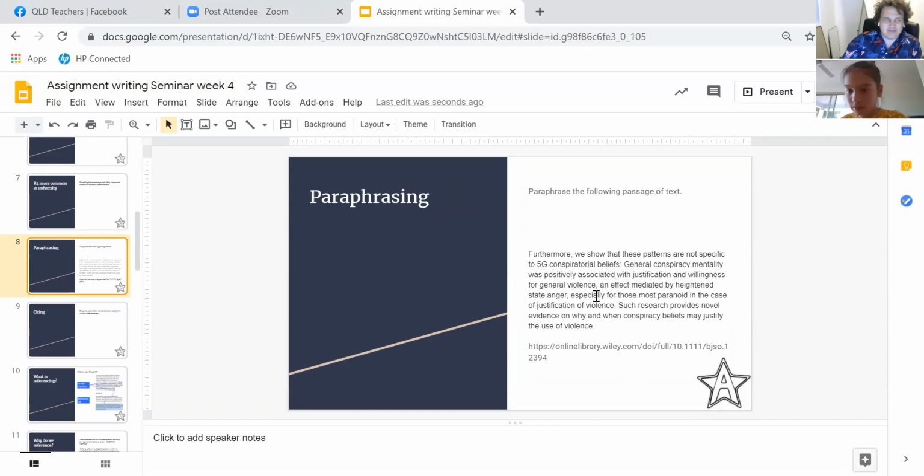I'm sticking with the 5G conspiracy theories. Even if you paraphrase that into a sentence or two, and then chuck it into the chat.